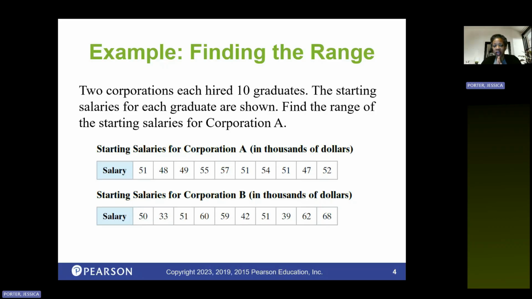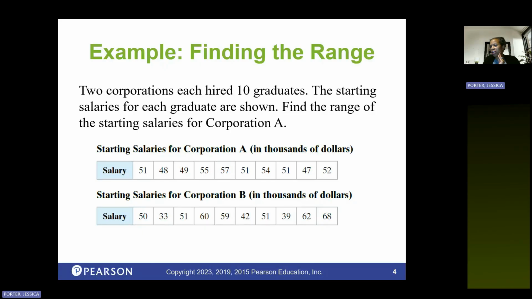Subtract the minimum from the maximum. Yeah, the minimum was 47 and the maximum was 57. So yeah, it is 10.